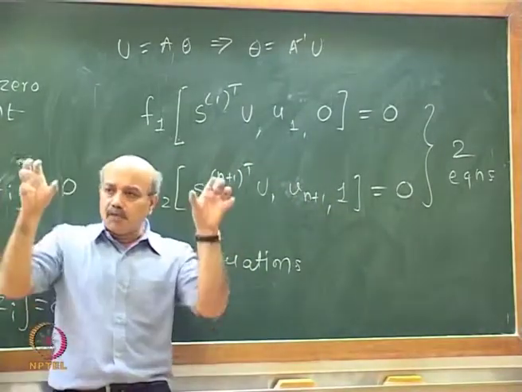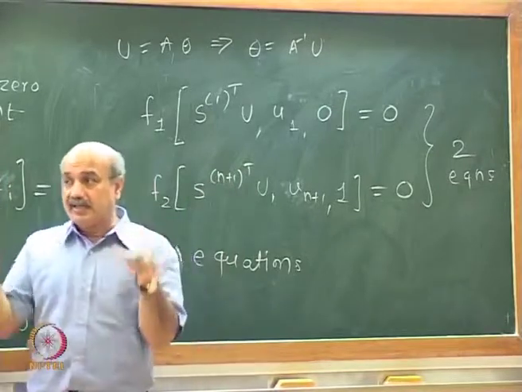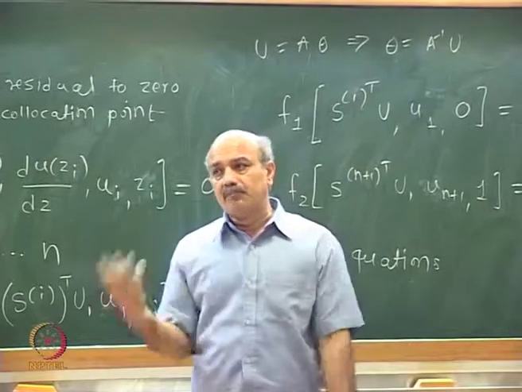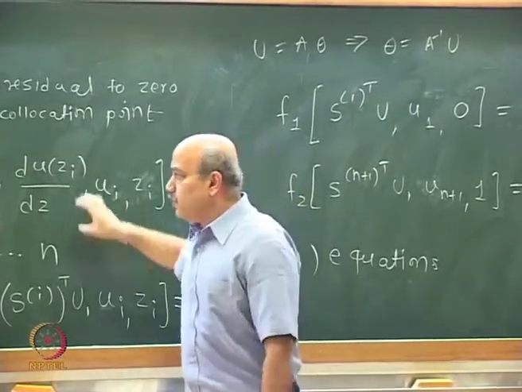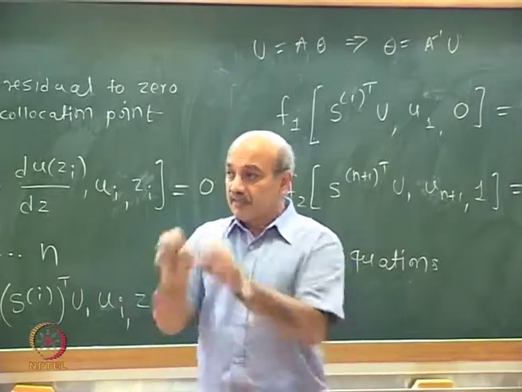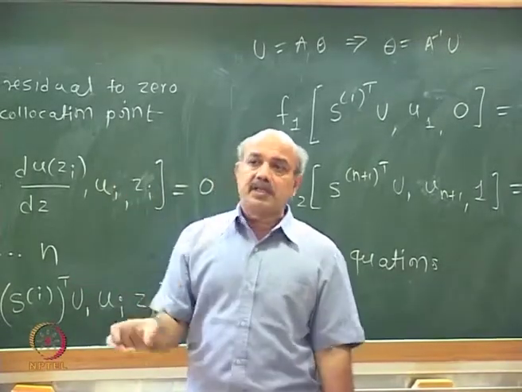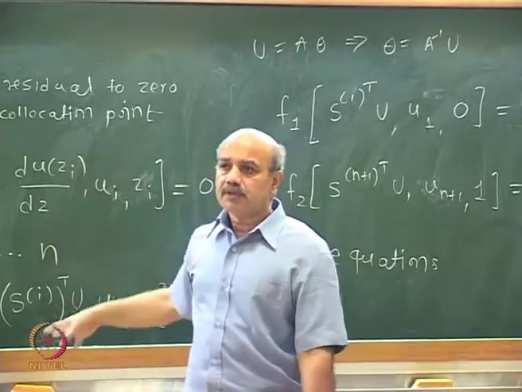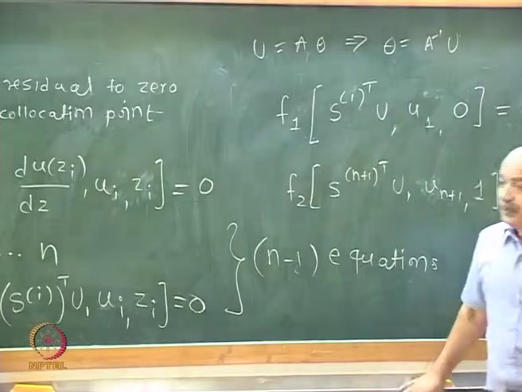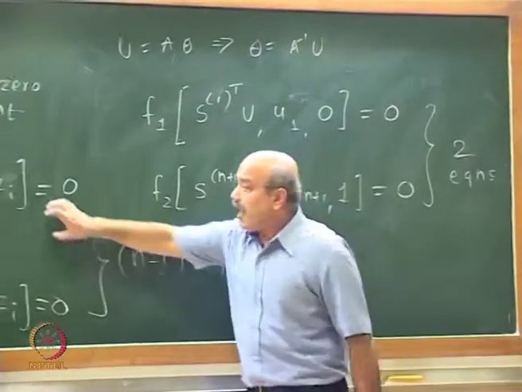I'm going to give you a method to compute them very easily. For a given number of collocation points, one first constructs these matrices and then uses them to formulate the equations.